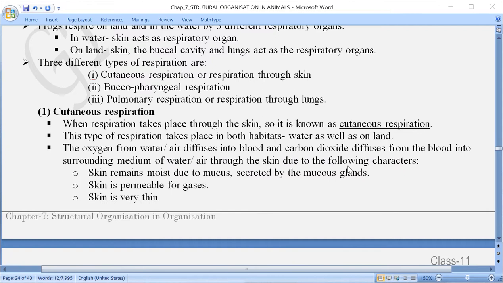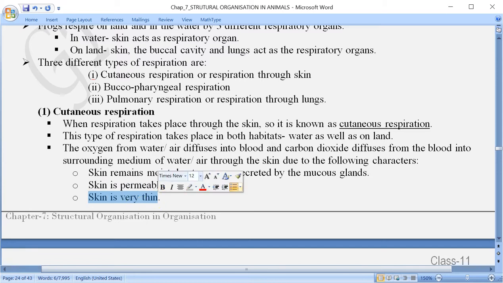Some of the characters are there here. The skin remains moist due to presence of mucus, and this mucus is secreted by the mucus glands, and because of that their body remains slippery. Then the skin is permeable to gases, means easily the gases can diffuse in and out of the blood capillaries present in the skin, and the skin is very thin.